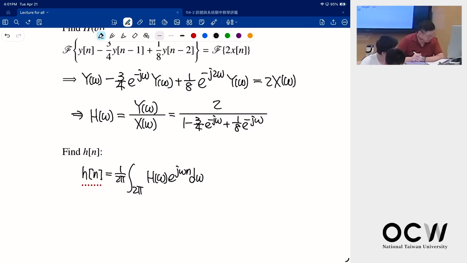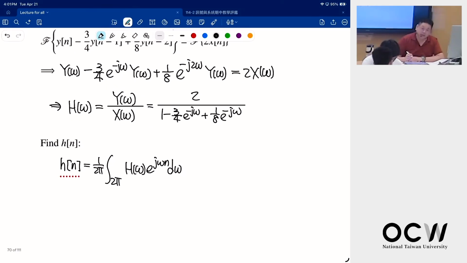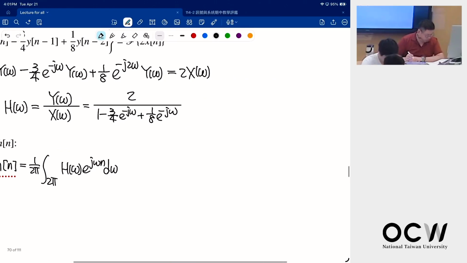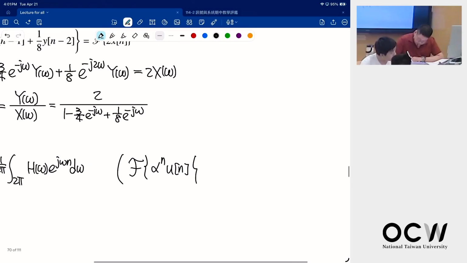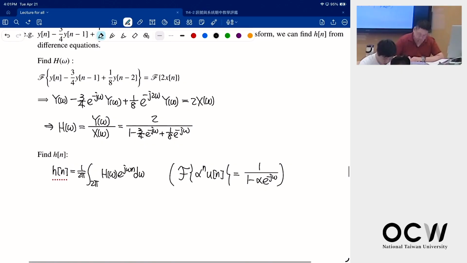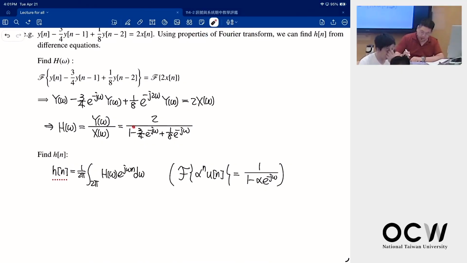All right, so if you check the table, you will see, here's the note. The Fourier transform of alpha to the n, u[n], this is 1 over 1 minus alpha e to the minus j omega. Okay, and in this denominator, I can have factors.